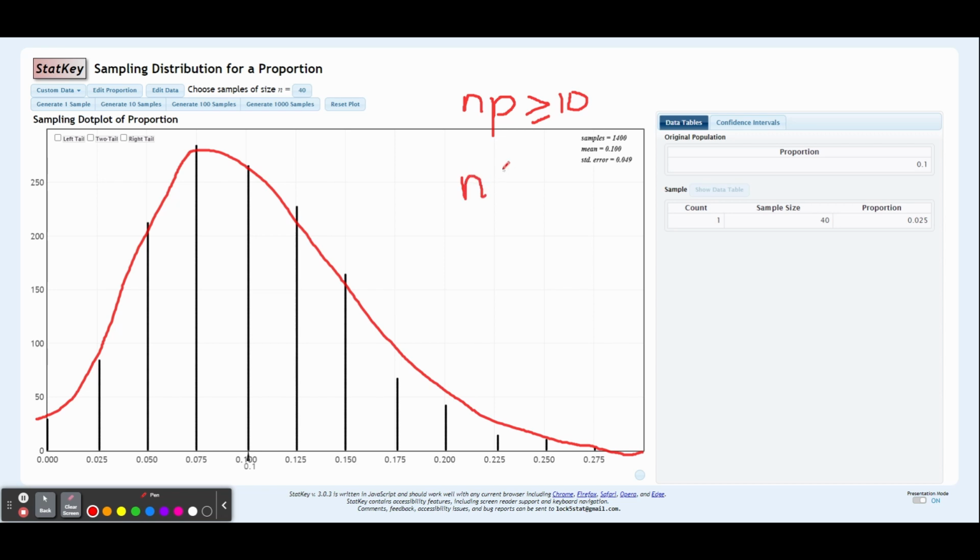And then conversely, the sample size times 1 minus the population proportion needs to be at least 10. If both of these hold true, then we end up with a sampling distribution that's approximately normal. So what we're saying is that we want to expect at least 10 successes and at least 10 failures in whatever we're looking at in order for the distribution to turn out to be approximately normal.